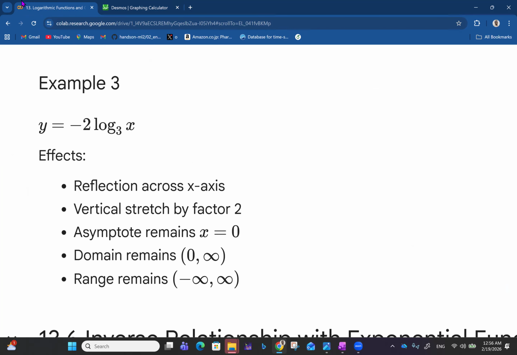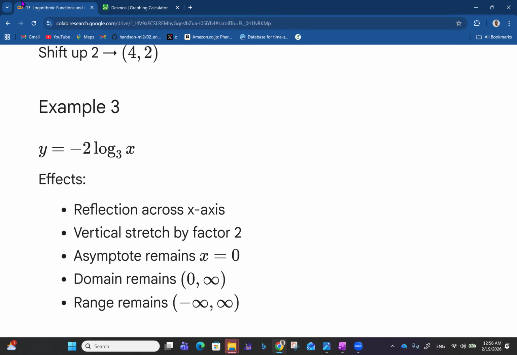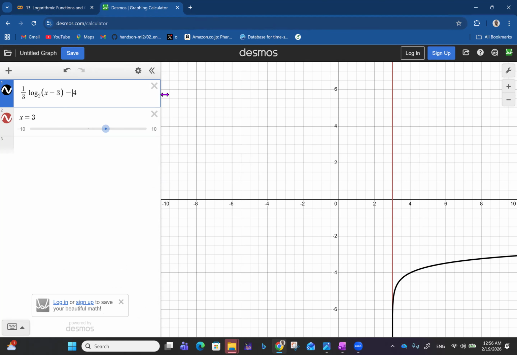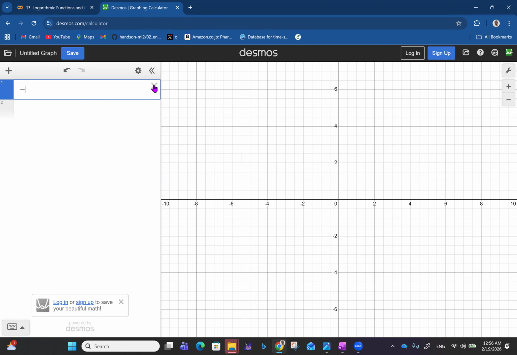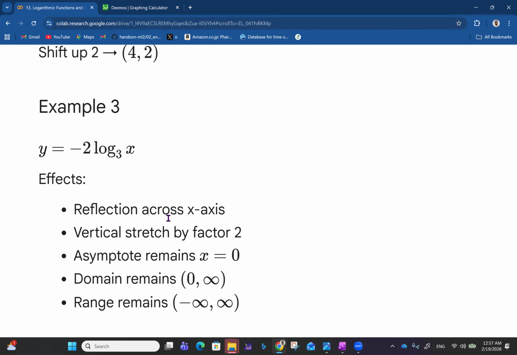So in example 3 now, imagine minus 2 log x to base 3. The effect of this is a reflection across the x-axis.